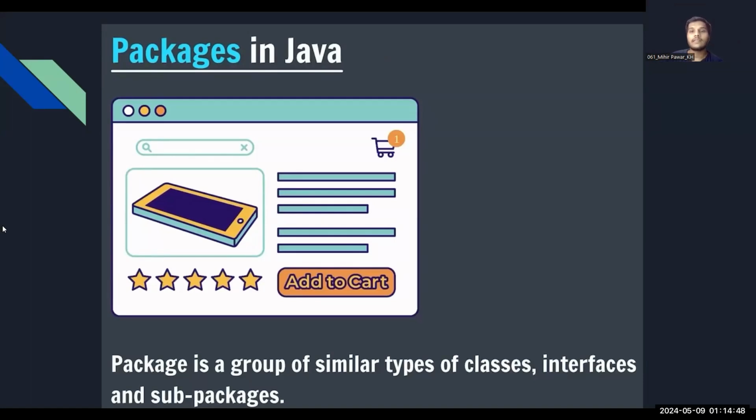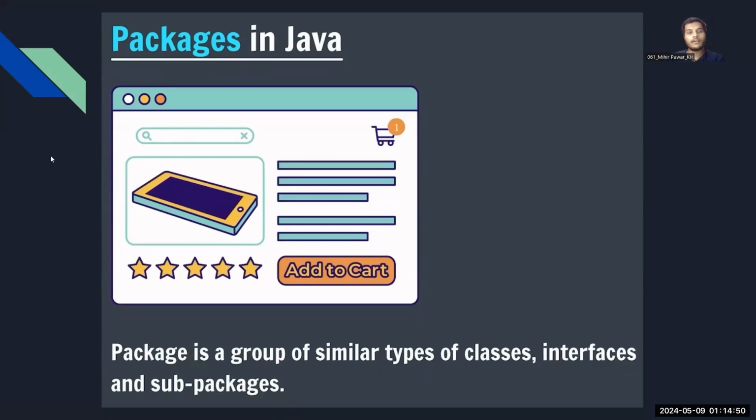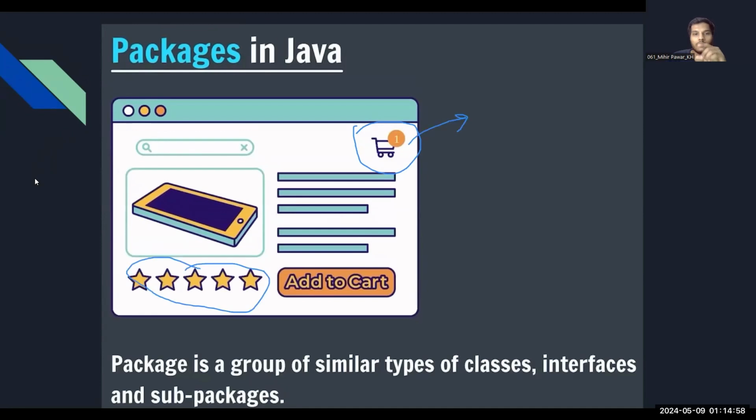So we'll take an example for this. We have an Amazon shopping system. In our Amazon shopping system, we have a cart, a rating system, and also a search system. In the cart, we can add and delete items, and in the search bar, we can type what we want, and we can delete what we have searched.